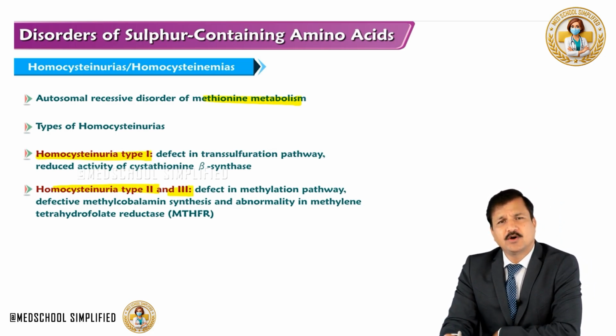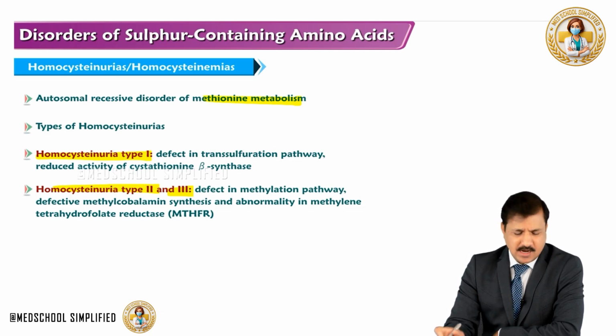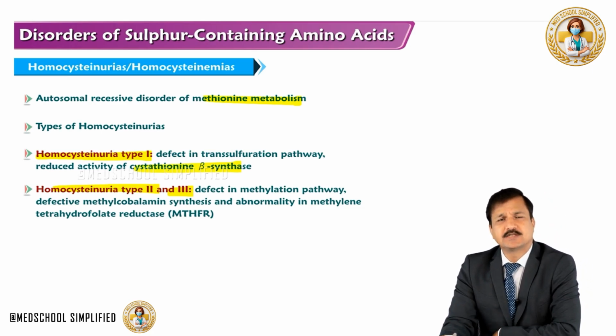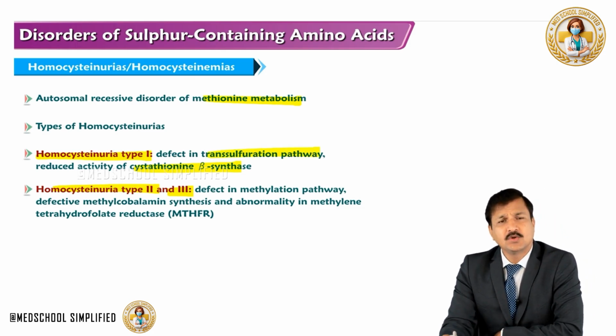Now type 1 homocystinuria is because of a defect in a gene that codes for the cystathionine beta synthase enzyme. Note that the cystathionine beta synthase enzyme is involved in the transsulfuration pathway of conversion of methionine into cysteine and alpha-ketobutyrate, and alpha-ketobutyrate later will be converted into propionyl-CoA.